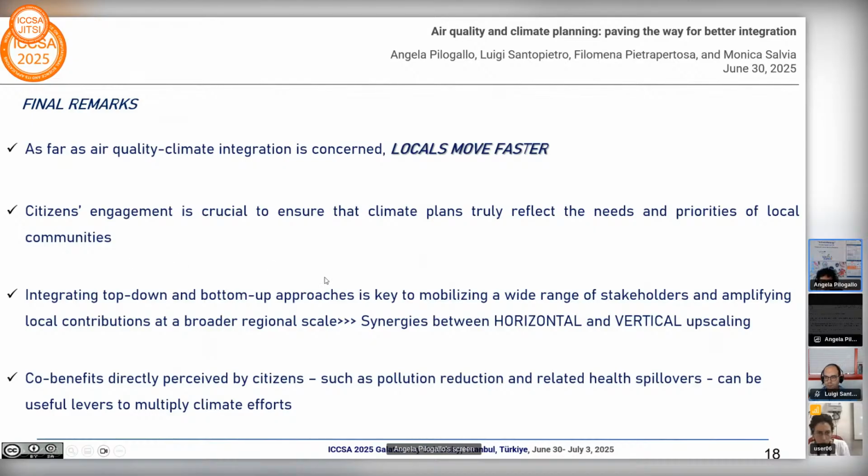Top-down and bottom-up approaches should be integrated in such a way as to develop synergies between horizontal and vertical upscaling dynamics.